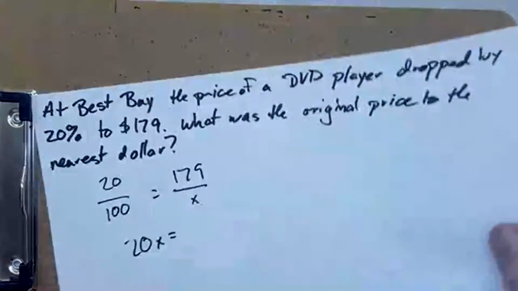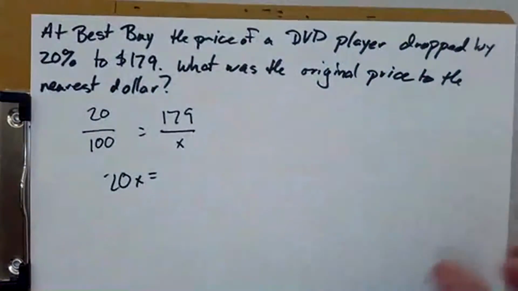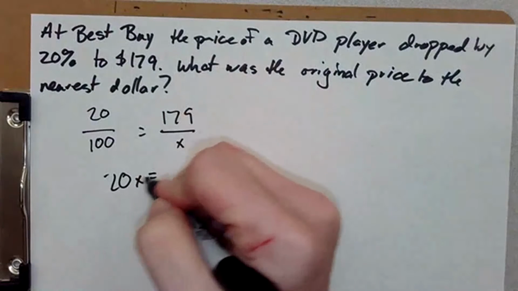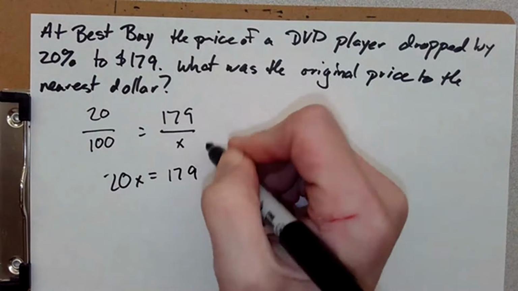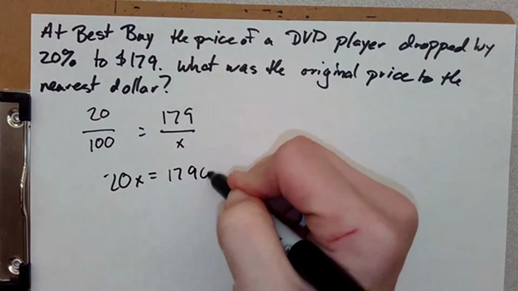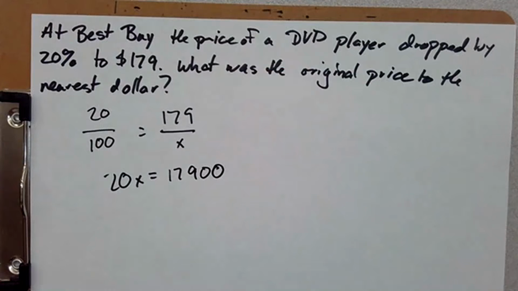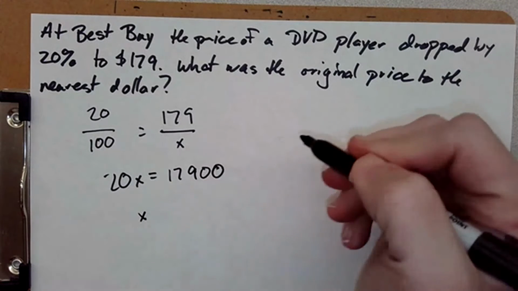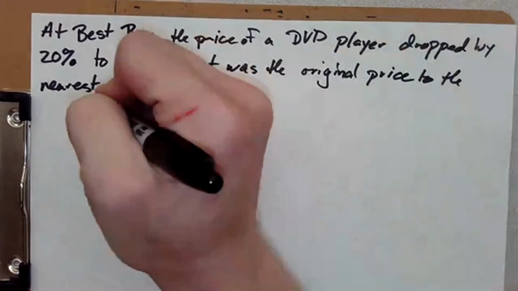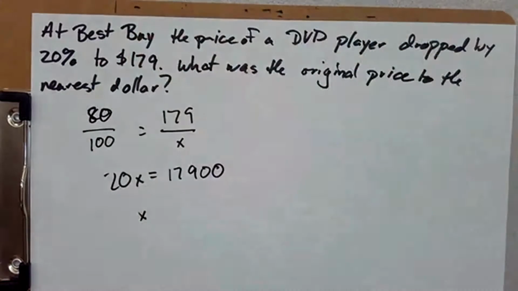Okay, now that we've done that, we recognize that we're doing the same sort of thing here. So 20 times x equals 17,900. Divide that by 20. This means that it should be 80, not 20.